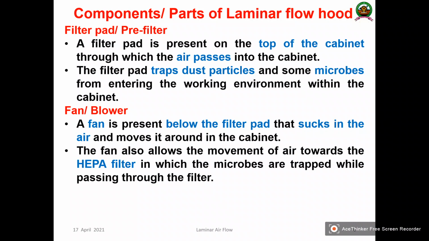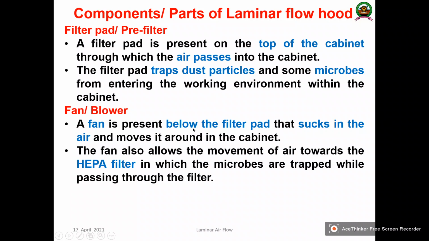A filter pad is present on the top of the cabinet through which the air passes into the cabinet. The filter pad traps dust particles and some microorganisms, especially the spores, from entering the working environment within the cabinet. Then the next one is a fan or a blower.